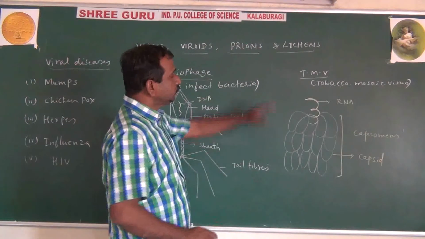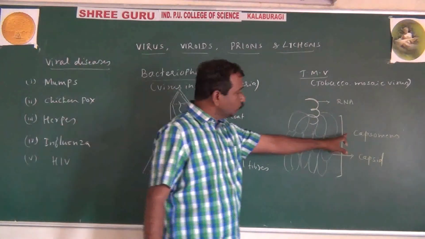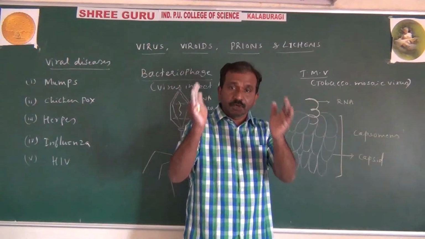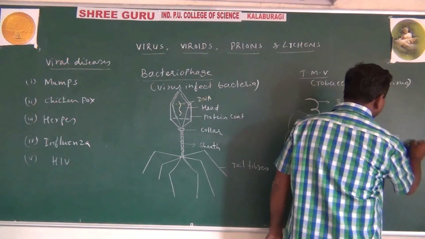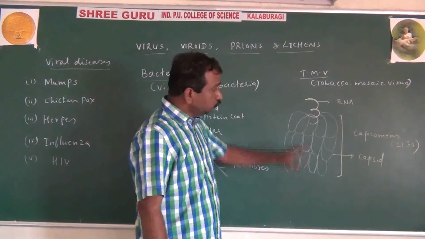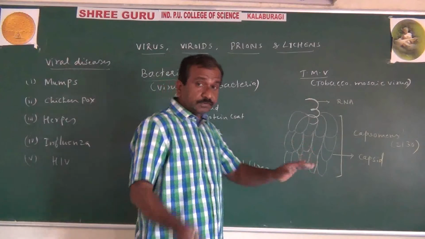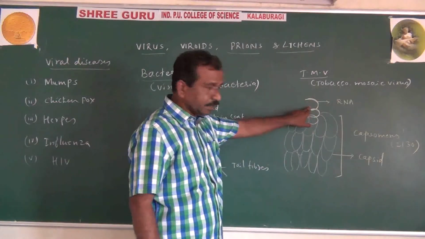So now this is the tobacco mosaic virus. The capsomeres are a set of protein molecules. How many are going to be found? Around 2130 protein molecules are going to be found. 2130. Note, that many protective measures are going to be found. This is RNA.